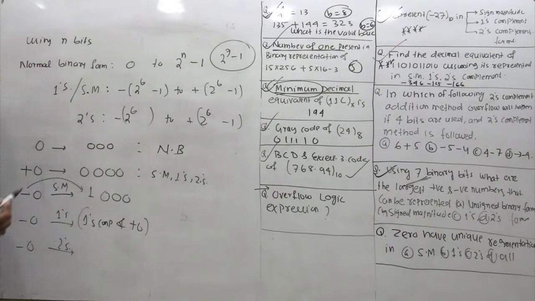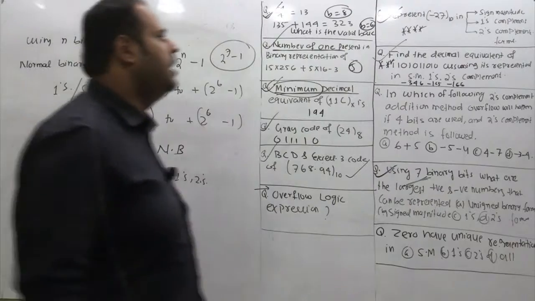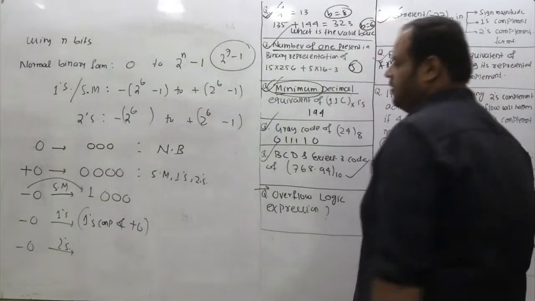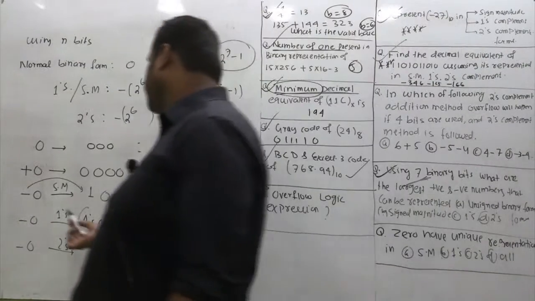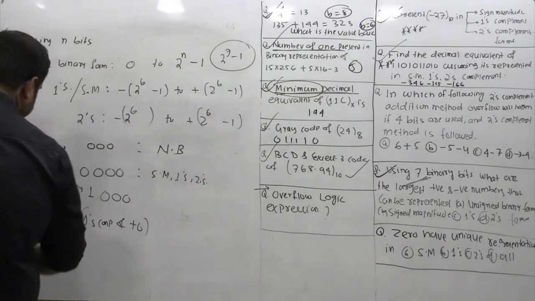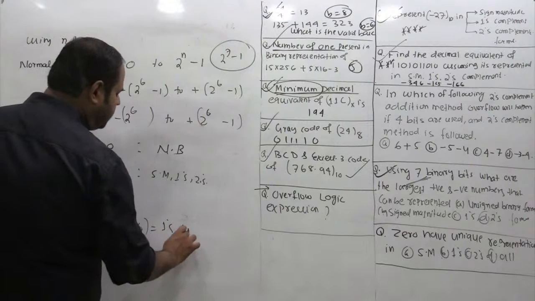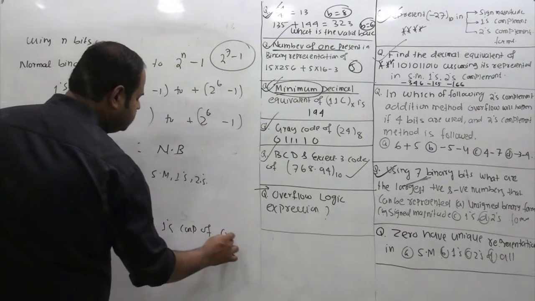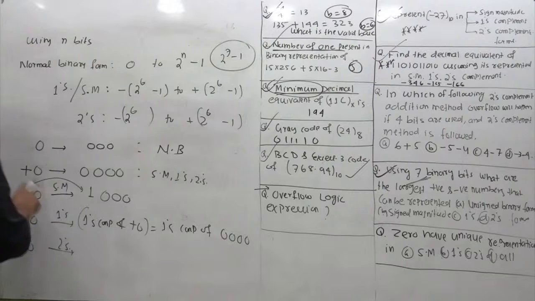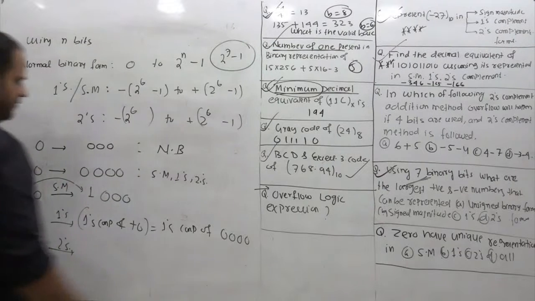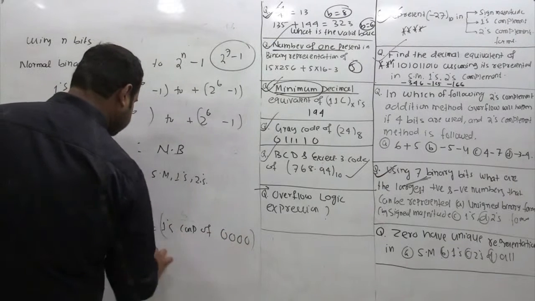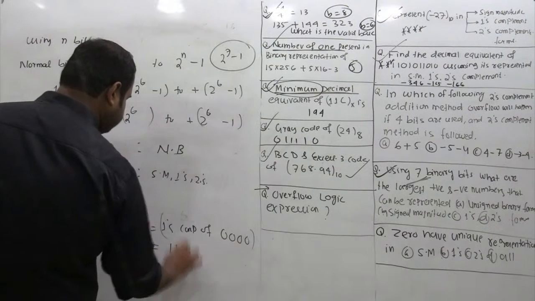If I ask you to represent minus 0 in 1's complement form, the answer will be the 1's complement of plus 0, exactly the same way I showed you how to represent minus 27 in 1's complement form. Plus 0 is 0, 0, 0, 0. If you take the 1's complement of 0, 0, 0, 0, the answer you will get is 1, 1, 1, 1.